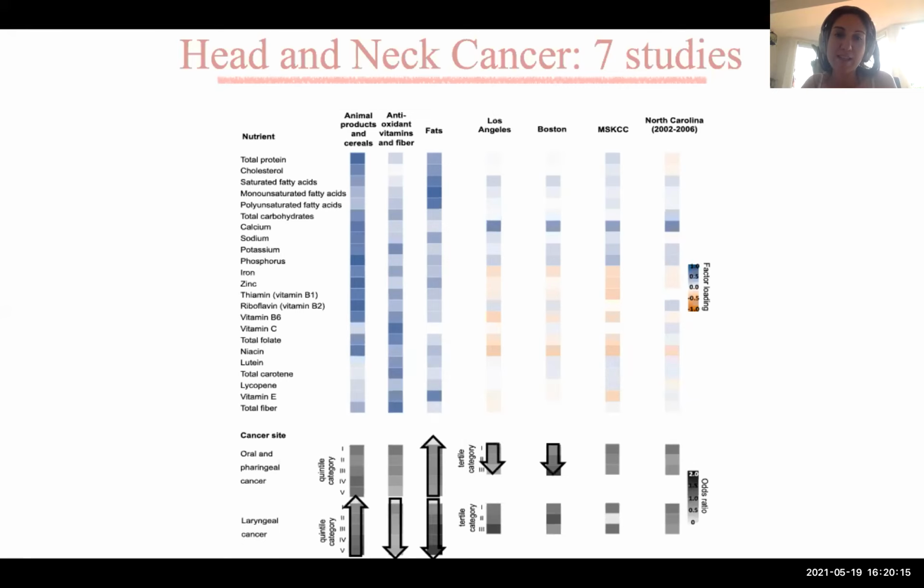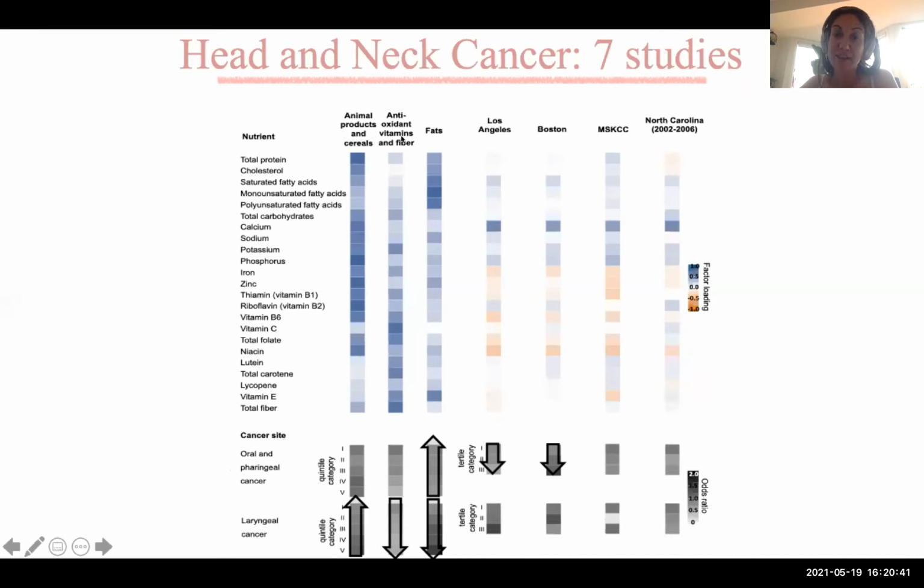We also assess these factors with an odds ratio, for the probability of having cancer, specifically oral and laryngeal cancer. So we ran a logistic regression and we controlled for other covariates. We discovered that animal product and cereal is positively associated with laryngeal cancer.